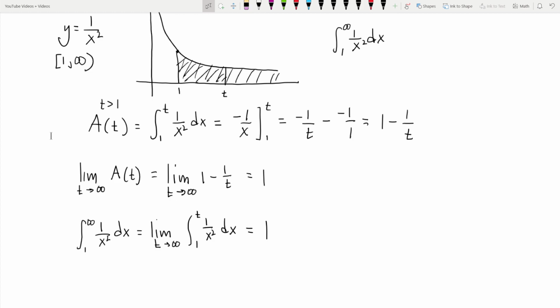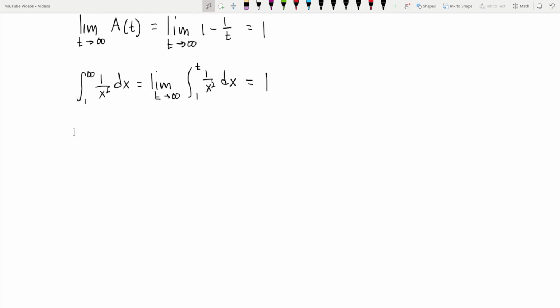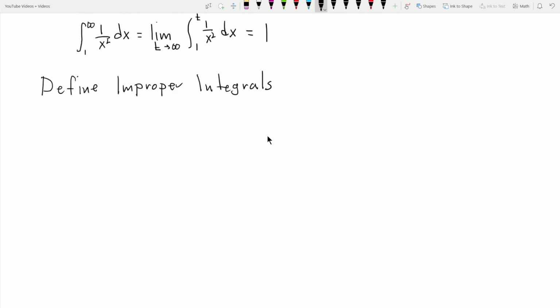Okay, so let's put together our definition here. We want to define improper integrals. First of all, the antiderivative has to exist.